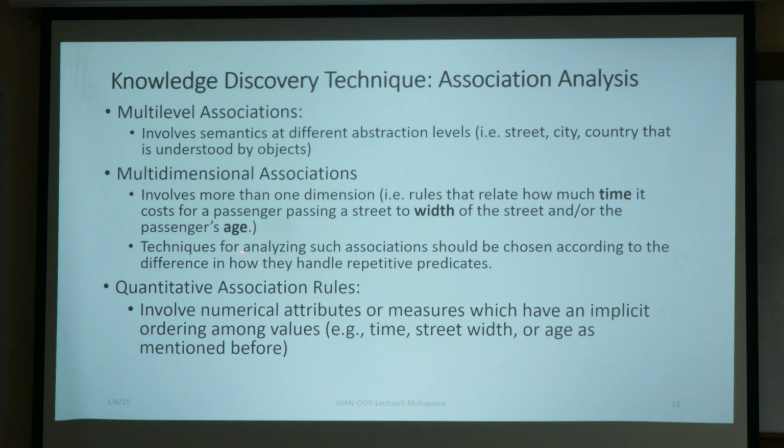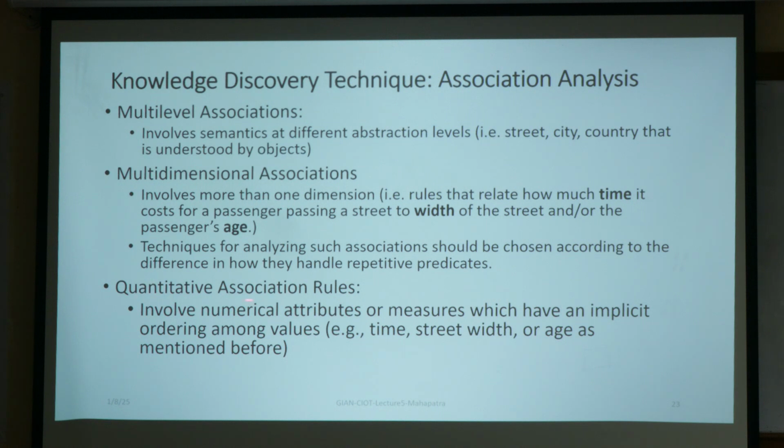So techniques for analyzing such associations should be chosen according to differences in how they handle repetitive predicates. What this is saying is that your association should be chosen in such a way that it handles questions that come up again and again.